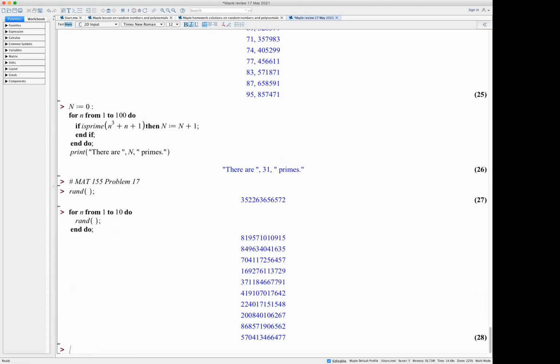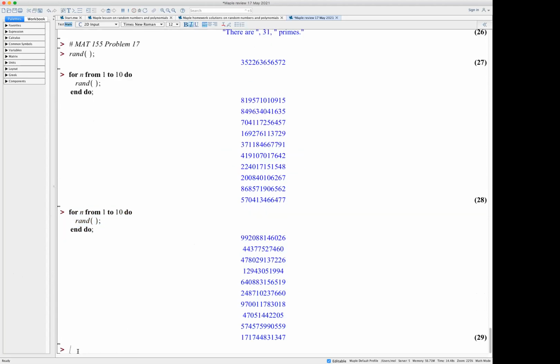This just says for every n from 1 to 10, write a random 12-digit number, and here's a list of them. And you'll notice if I run the same program again, I get a different list of numbers, because every time this function operates, it's randomly picking a number.